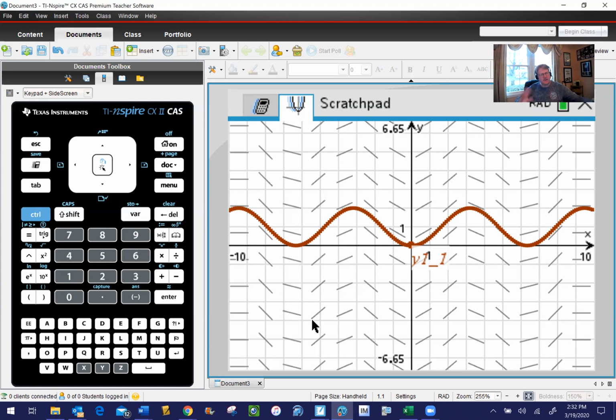Negative cosine of x is kind of tricky, because you have to think of the cosine curve mirror imaged around the x-axis, so it starts down here at -1 and then comes up, but then the add 1 just shifts it all up vertically 1 unit.